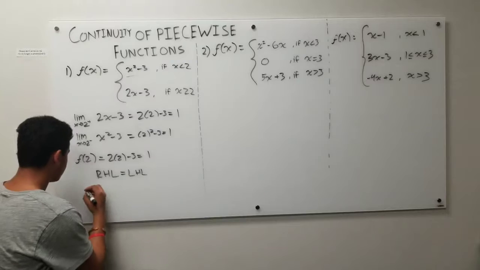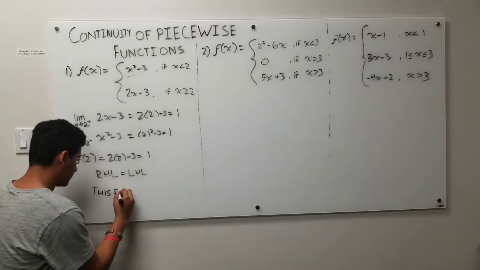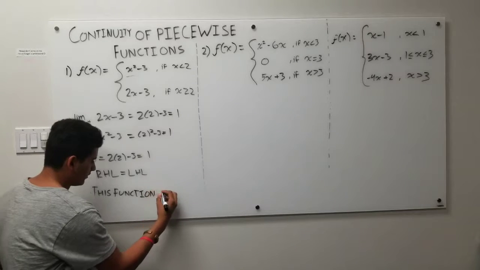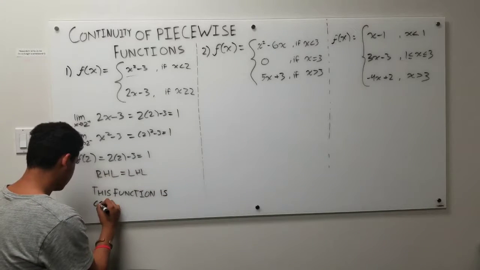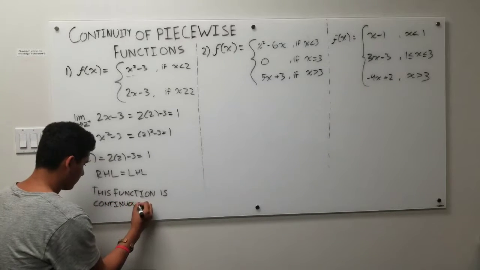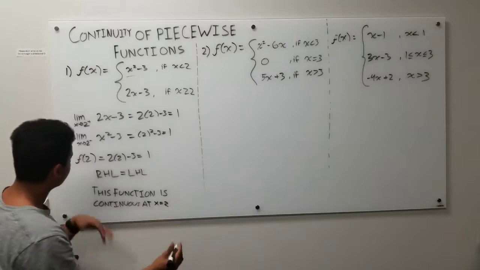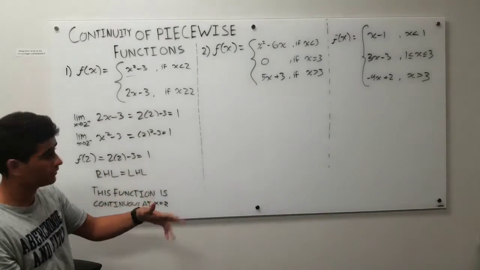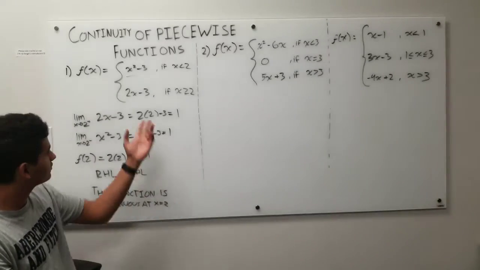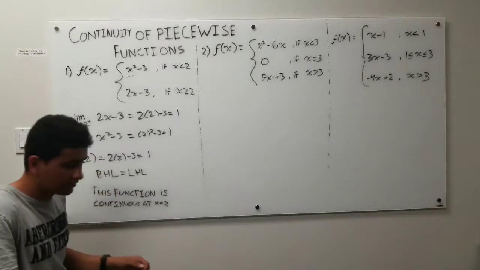So in this case, this function is continuous at x equals 2. Now I'm writing x equals 2 because we're not sure whether, let's say this piecewise function had more conditions to it. Like in this case, we know that it's continuous everywhere else because the functions themselves are continuous, but we'll just leave it at it's continuous at x is equal to 2.